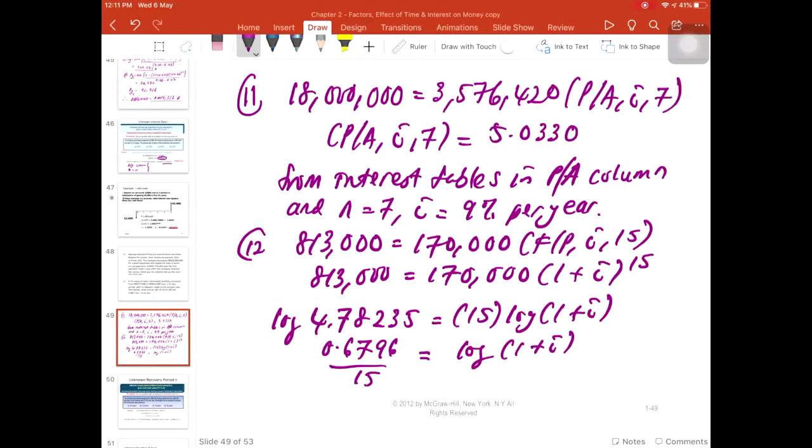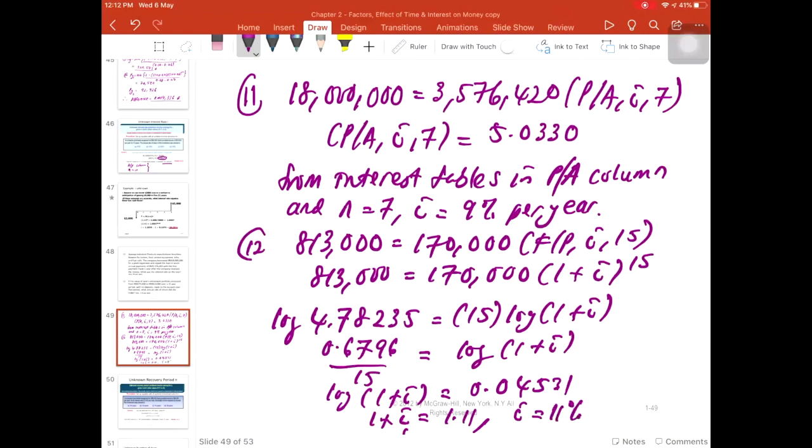And then we get log 1 plus i, 0.0531. Okay, 1.11, i.